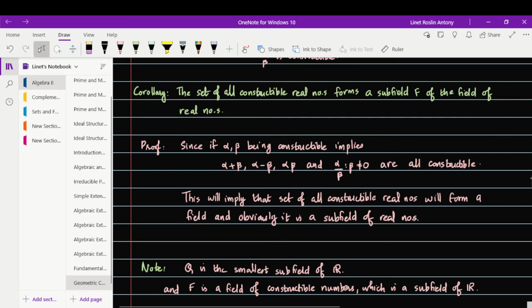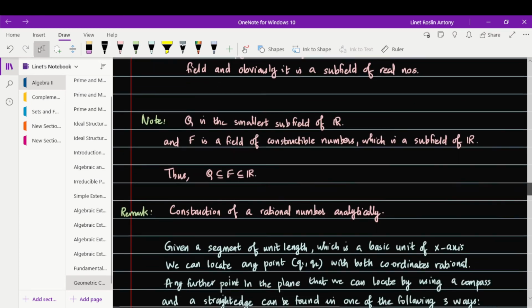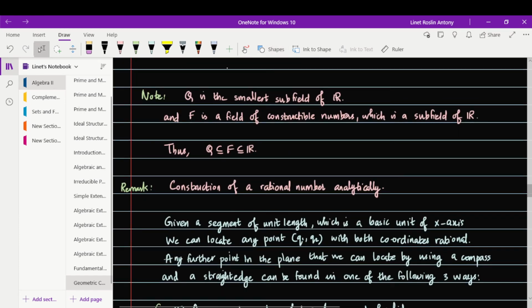So that's how that corollary winds up. And note that Q being the smallest subfield of R and F being a field of constructible numbers, which is a subfield of R, you can understand that Q is contained in F contained in R. That means set of all constructible numbers, or the field of all constructible numbers will contain all rational numbers.